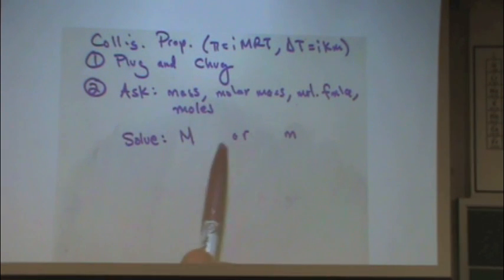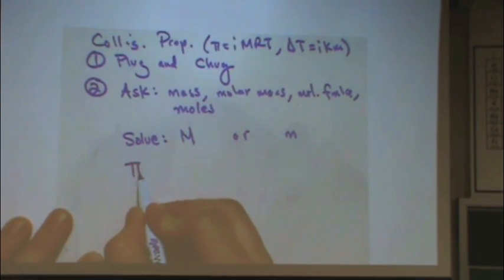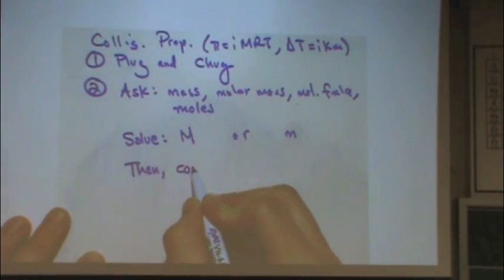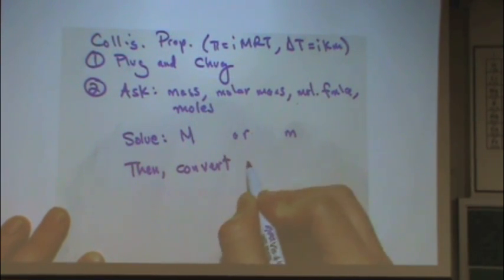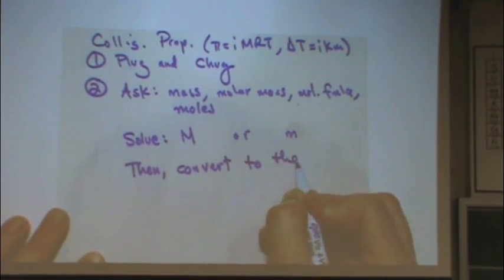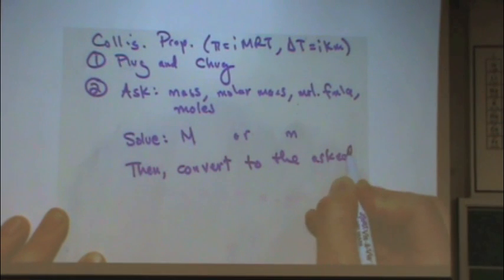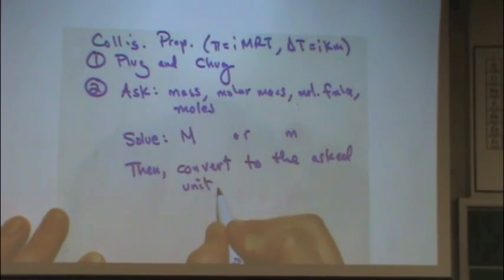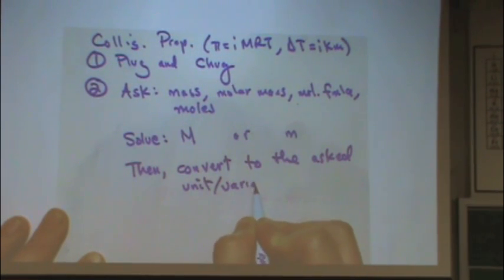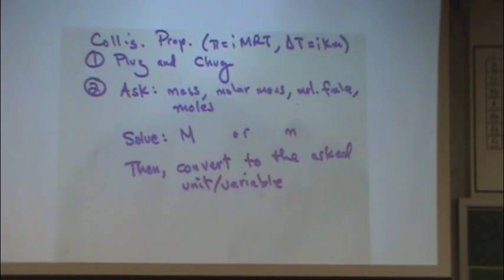So we want you to solve for one of those and then convert to the asked unit or variable. You can use dimensional analysis or whatever you need to convert from molarity or molality to what we want: mass, molar mass, molecular formula.